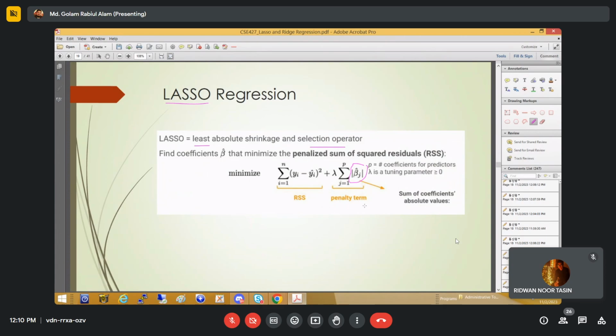It is just the absolute value of beta. So this is only a little change, but it has a big impact. Instead of a square, we use just the absolute value. That is our lasso regression. Everything else is the same, but the equation is different. This is the equation for the lasso.